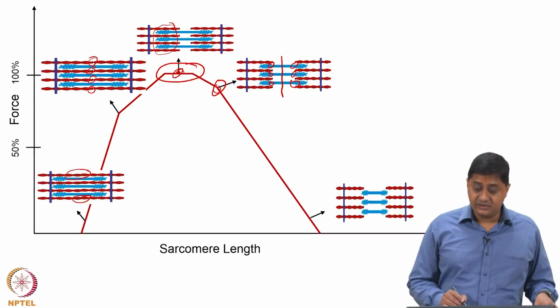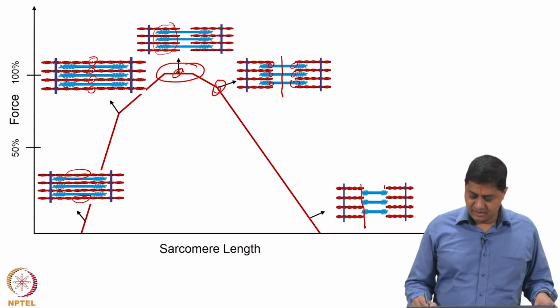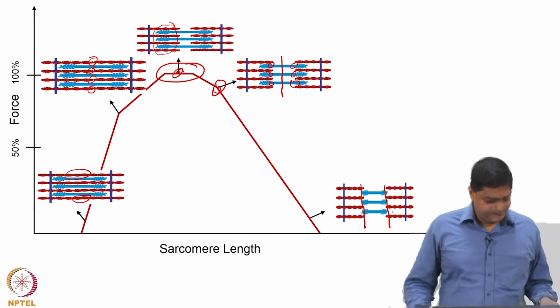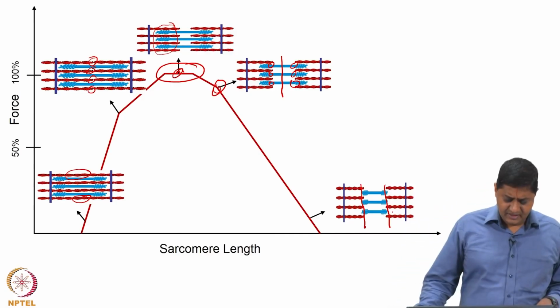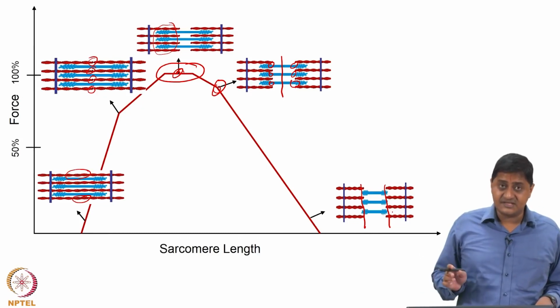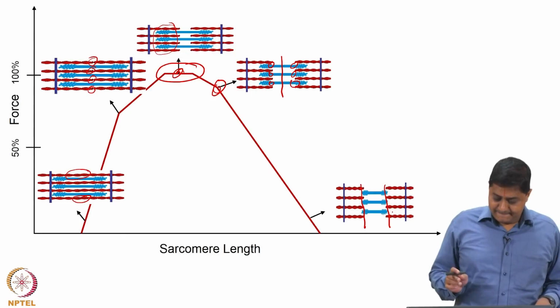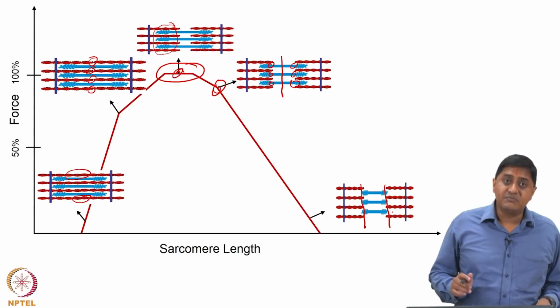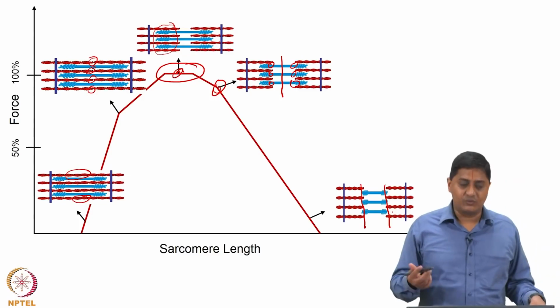And then as the length continues to increase, there is very little or no overlap between actin and myosin, thus resulting in a steep drop of force. So, deviations from the optimal length cause deviations in force, and this deviation in force is relatively small at small deviations in length, but as the length deviation increases, the force deviation increases much more than one would expect.